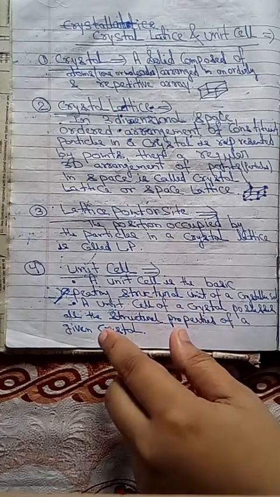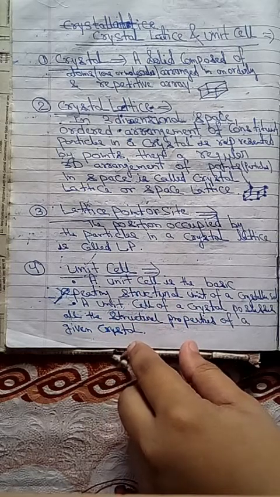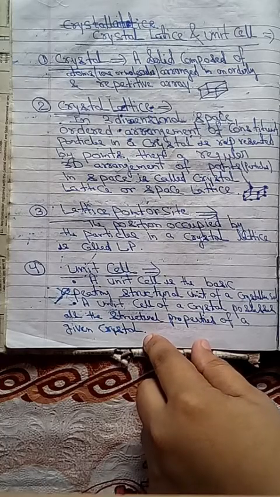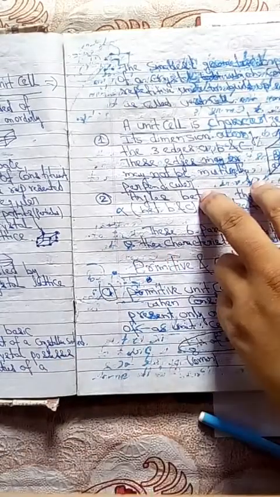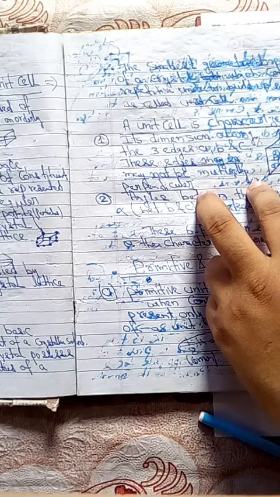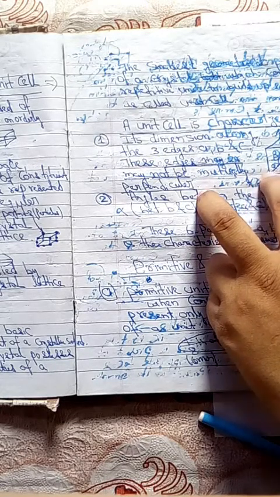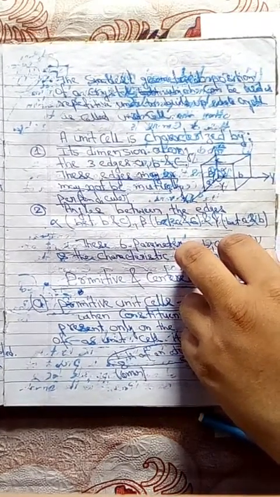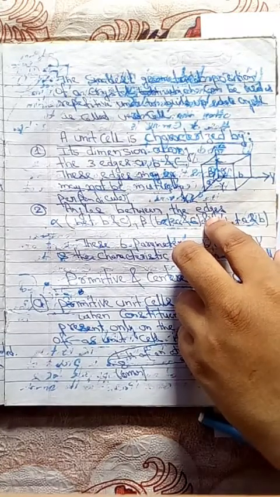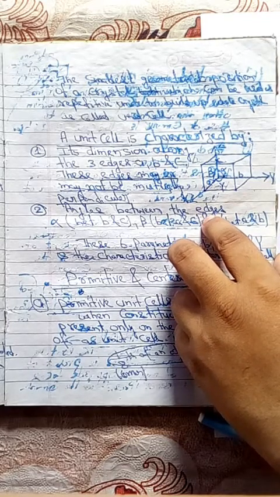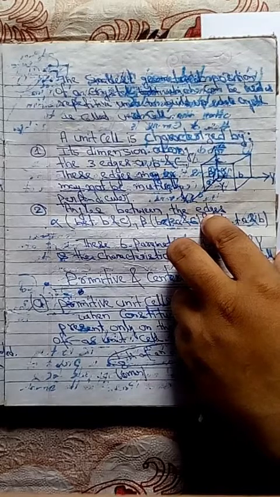More than two unit cells combine to form a crystal, just like the cells inside our body. The smallest geometrical portion of a crystal can be used as a repetitive unit which builds up the entire crystal. So with the help of the unit cell, the entire crystal can be built.